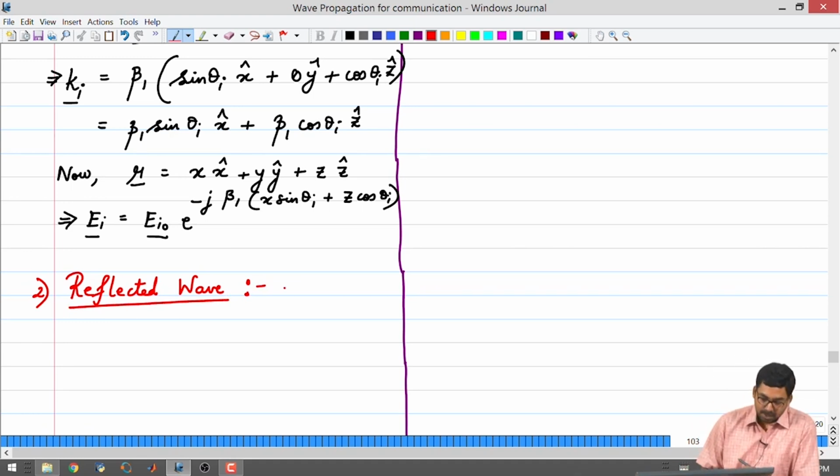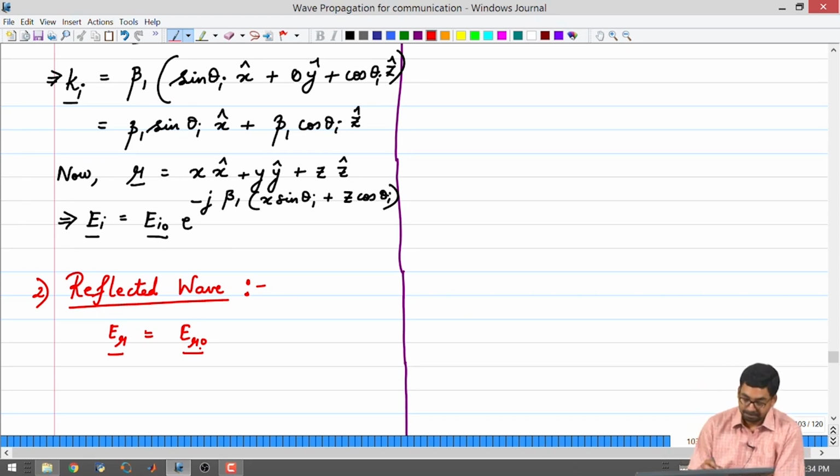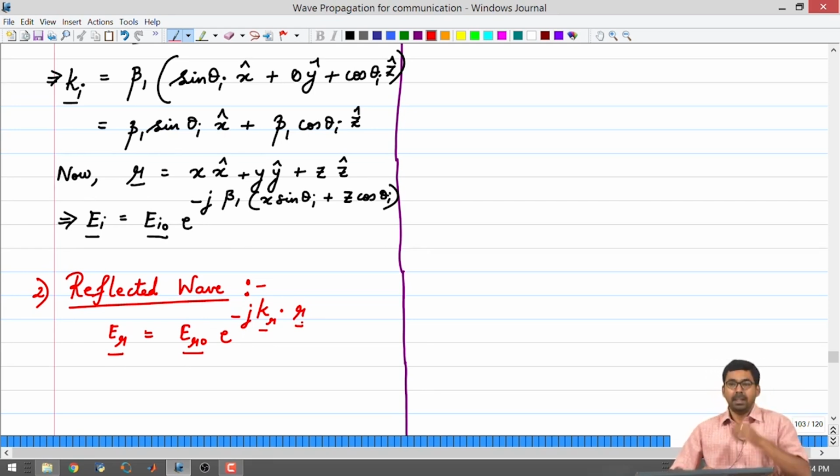Your reflected wave can be written as some E R, with some magnitude E R naught and direction, and then e to the minus j k r dot r, where again r is a position vector, it is just x x hat plus y y hat plus z z hat. So, now our objective is to just find out k r and then find out the dot product.